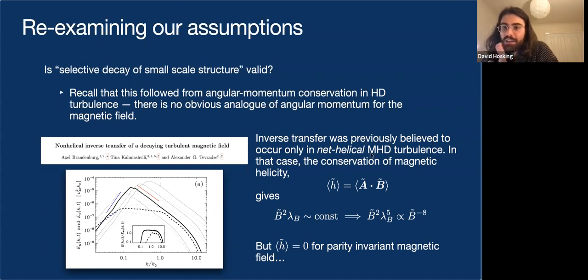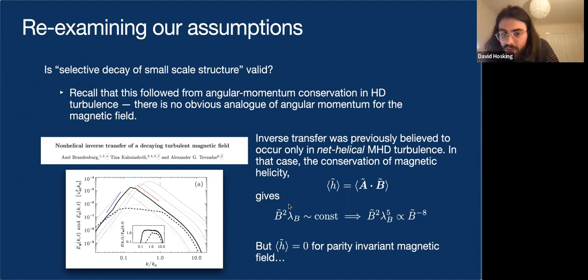That's the kind of MHD turbulence that is net helical, the sort of parity violating kind, where you have a non-zero expectation value for H tilde equals A dot B, and that by necessity is a magnetic field that has parity violation if that thing is non-zero.